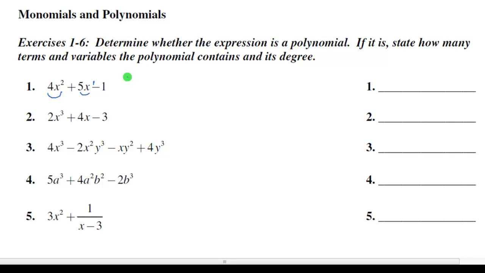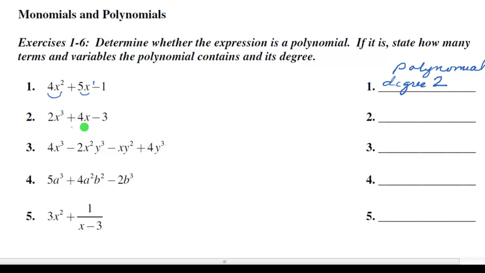Constants that have no variables have degree 0. So to determine the degree of the entire polynomial, we look at the highest degree, which is 2. So yes, it is a polynomial with three terms, which we call a trinomial. So this is a trinomial of degree 2.